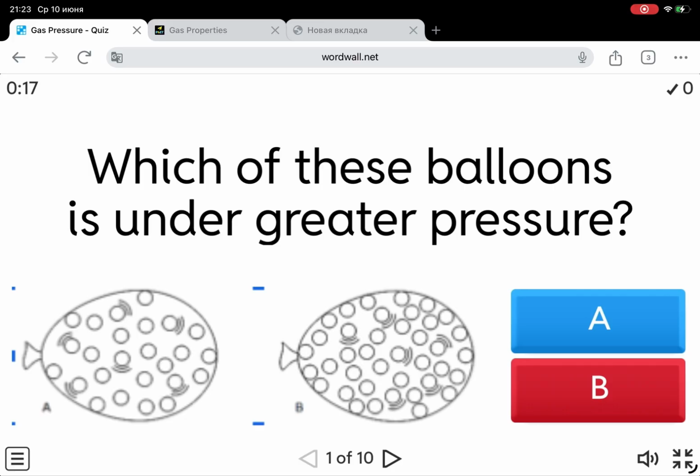If we look at the second balloon, balloon B, we see that the number of collisions in balloon B is slightly more than in balloon A, and we can say that the pressure in balloon B is slightly higher. Yep, we are right.